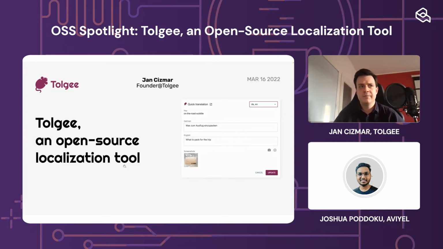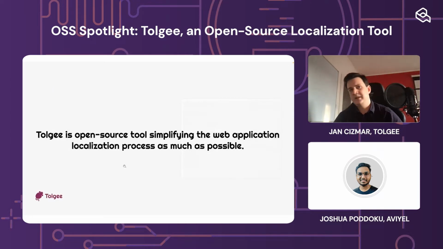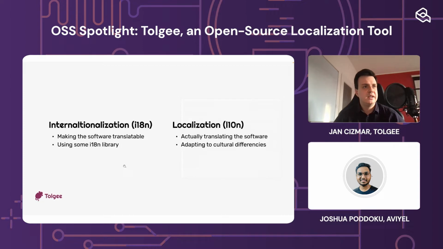So what is Tolgee? Tolgee is an open source tool which simplifies the web application localization process as much as possible. Nice definition, but what is localization and why do you need it? There are two terms, internationalization and localization.